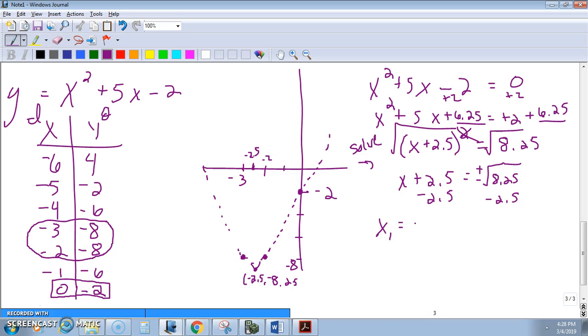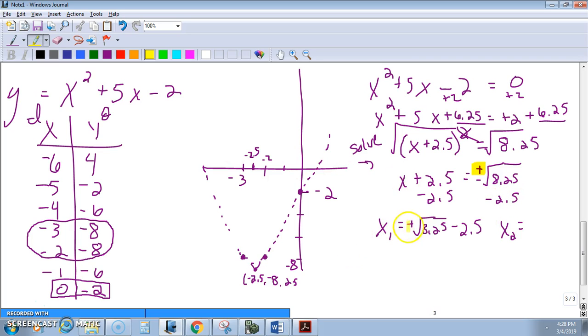x1 equals positive square root of 8.25 minus 2.5. And x2 equals, I'll show you guys here.